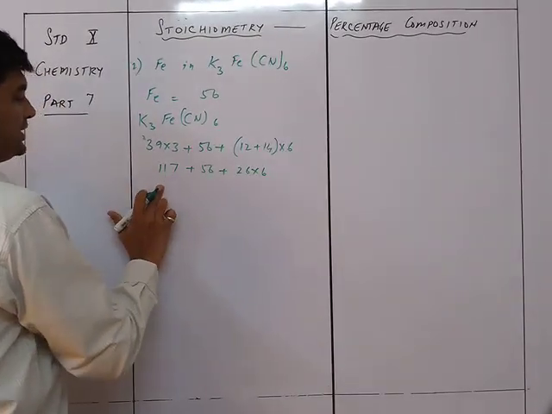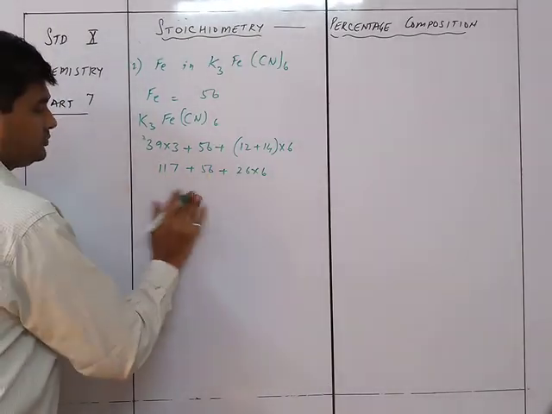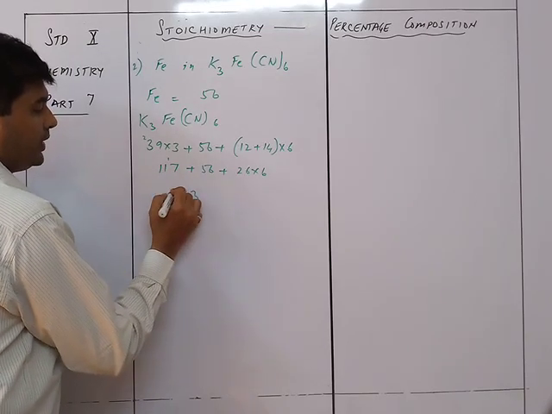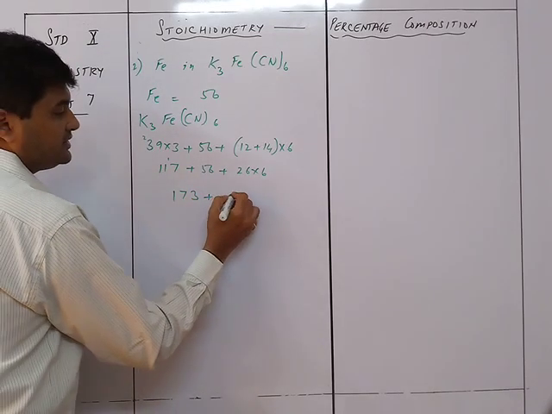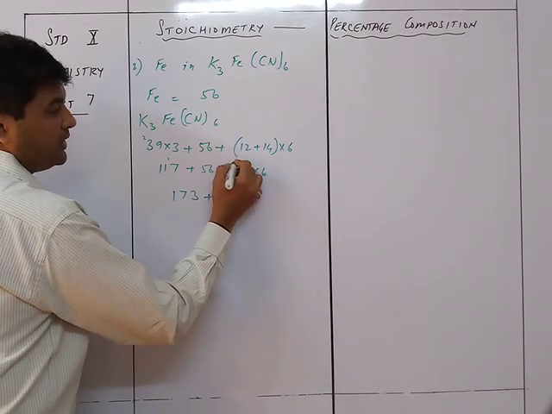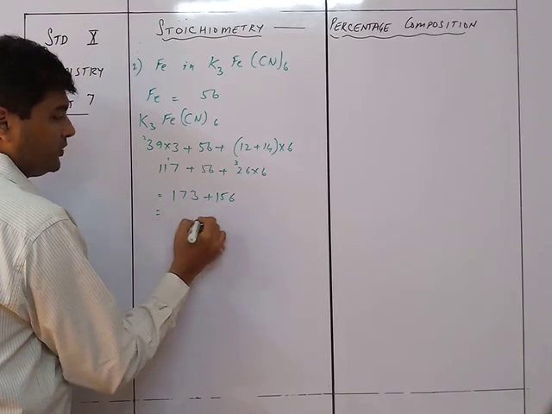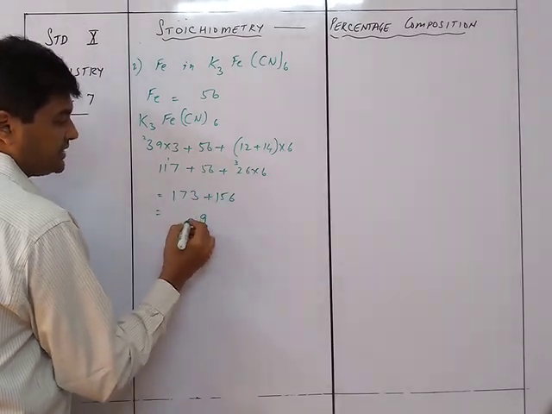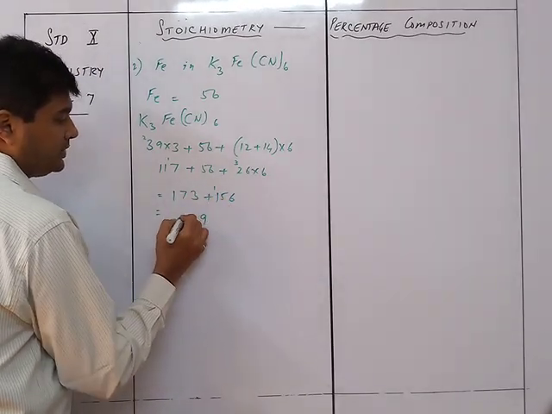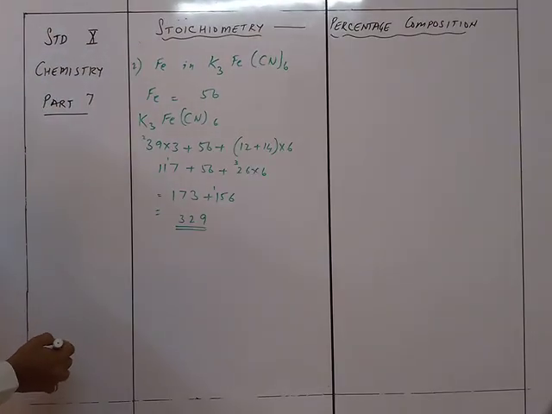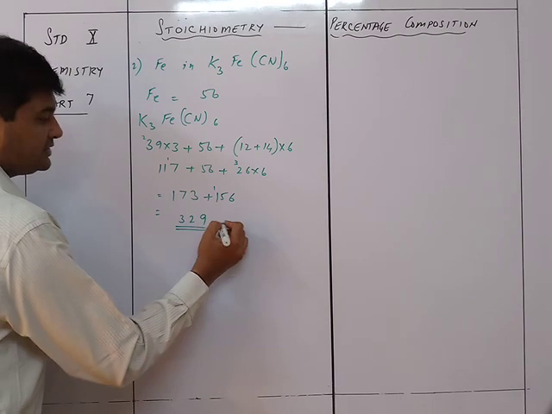So this adds up to 173 plus 156. So 329 will be the total weight of a GMM. So that is equal to GMM.